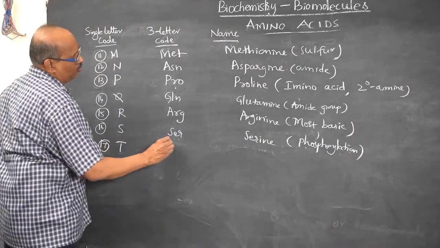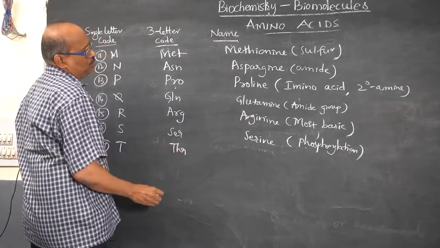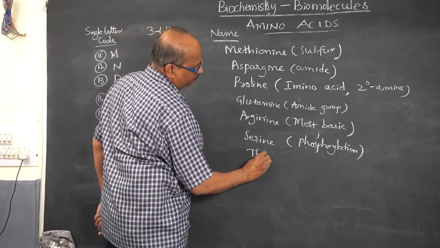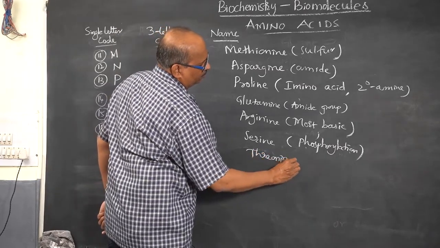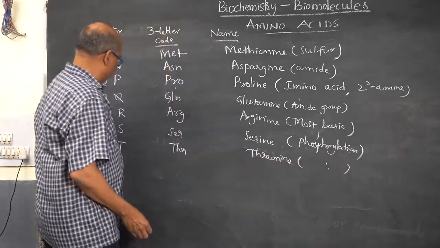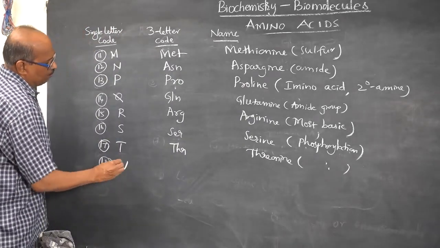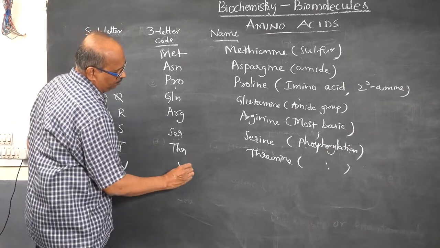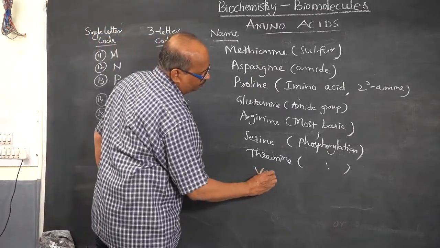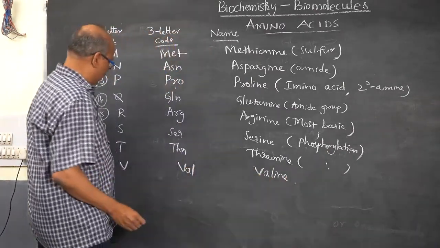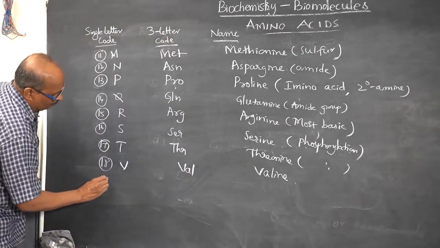Then we have another one which is commonly subjected to phosphorylation. Then we have a branched amino acid. Then we have two aromatic amino acids.